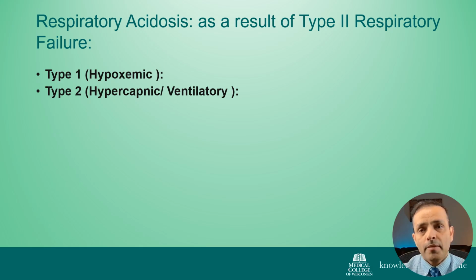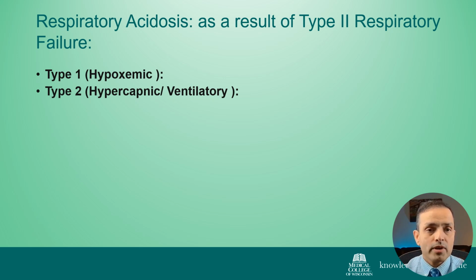On the other hand, hypoxemia occurs because of trouble in the respiratory membrane, either on the alveolar side, in the respiratory membrane itself, or on the vascular side of the respiratory membrane. Since it takes some time to fix those: an alveolar side example is pneumonia, the respiratory membrane could be interstitial lung disease or congestive heart failure, or it could be on the vascular side, which is pulmonary embolism. So you need to fix those primary pathologies to treat type 1 respiratory failure.